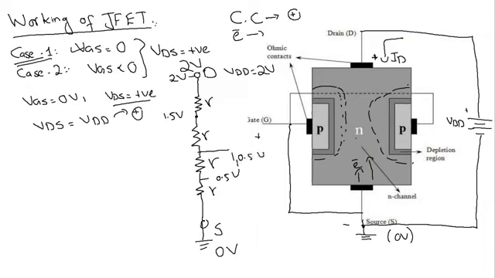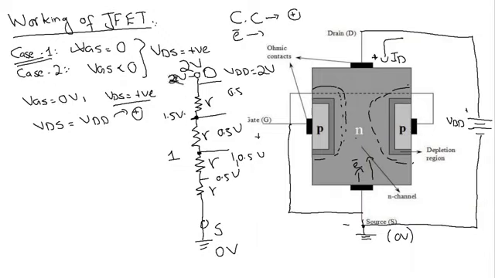So between ground and this point I have 1 volt, and then again between these two resistances I have 0.5 volt. So between ground and this point I have 1.5 volt, and then again I have 0.5 volt over here, and between ground and this point I have 2 volt.